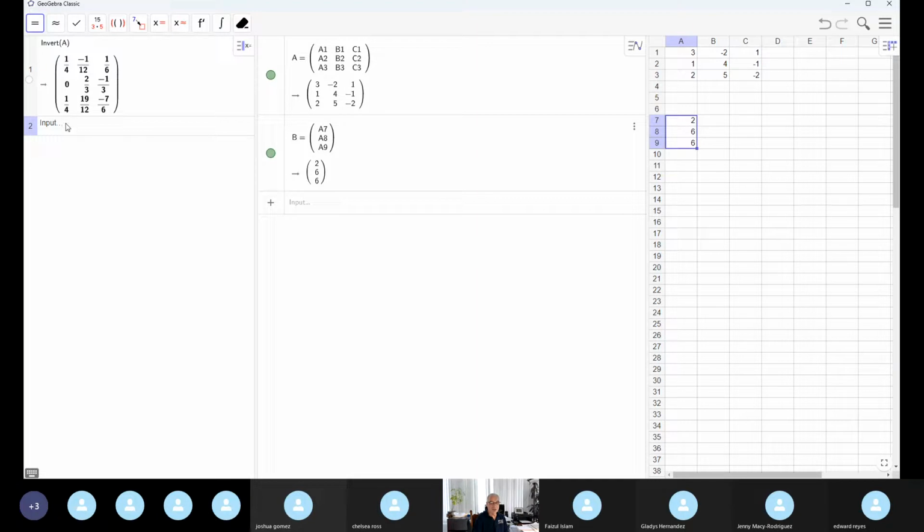And this is the operation. Now you multiply the inverse of A. If you want to copy, Control C, Control V, copy paste.